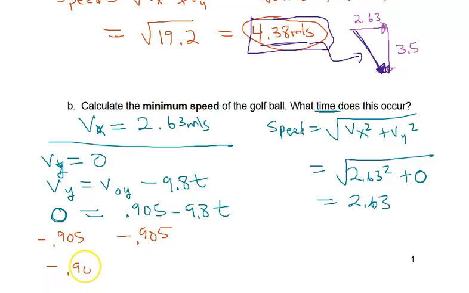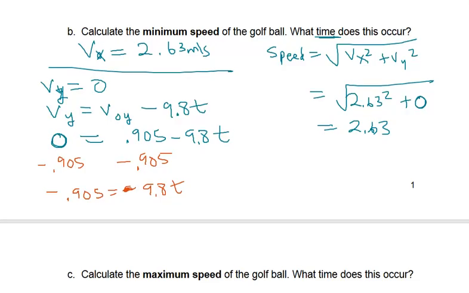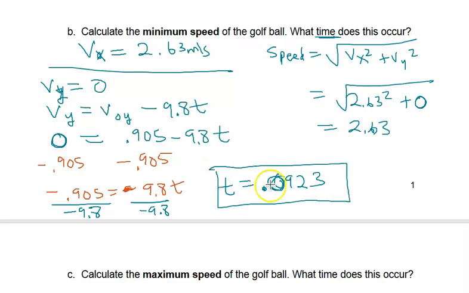So you get negative 0.905 equals negative 9.8 t. And now we are going to divide both sides by negative 9.8. And t equals, sorry, I forgot that this was part of it, 0.905 divided by 9.8. T equals 0.0923. So it happens really, really fast because the launch angle is so shallow.